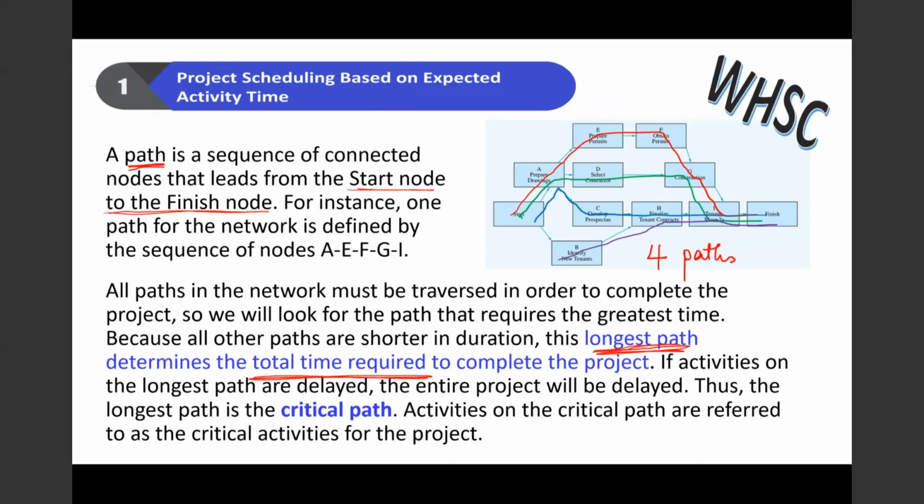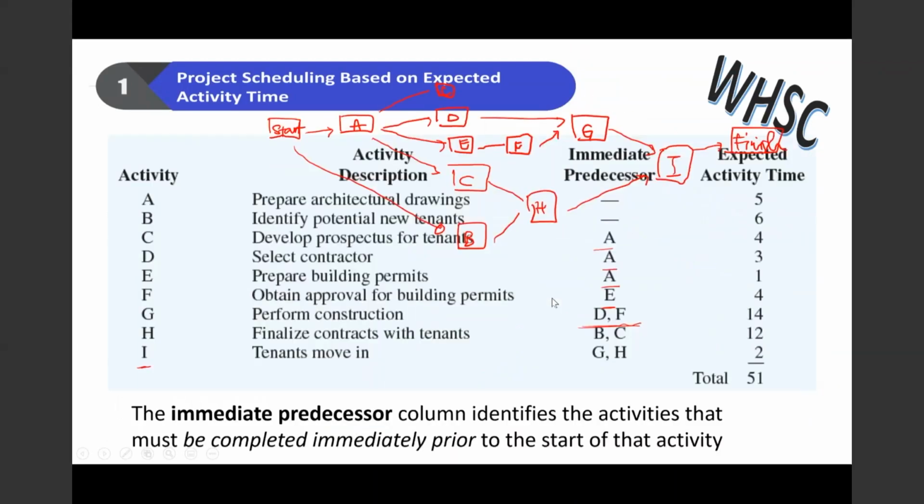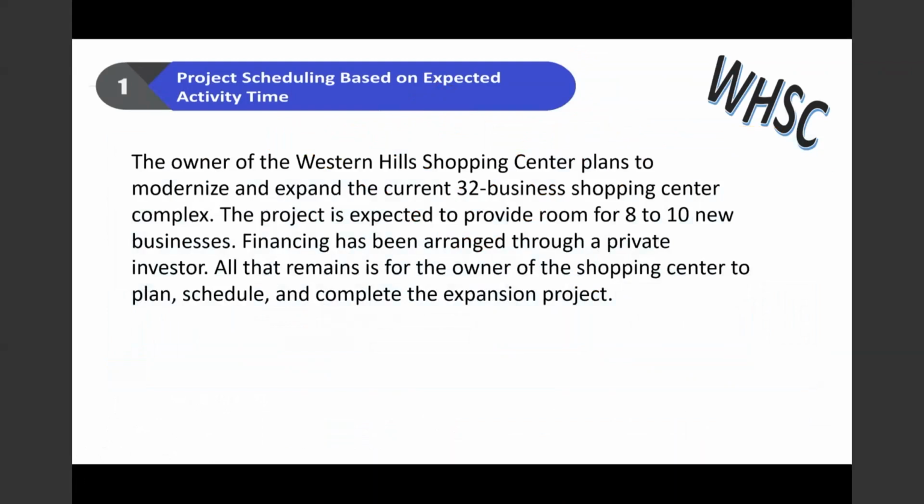Okay, let's say path 1 takes, what is this? This is expected activity time. It doesn't tell me what it is, so let's say weeks.